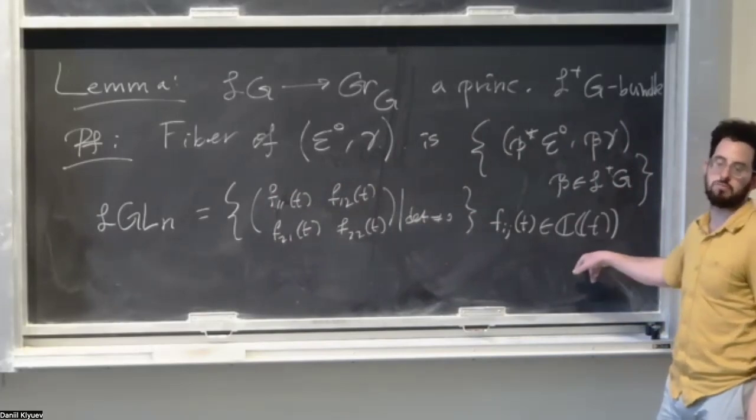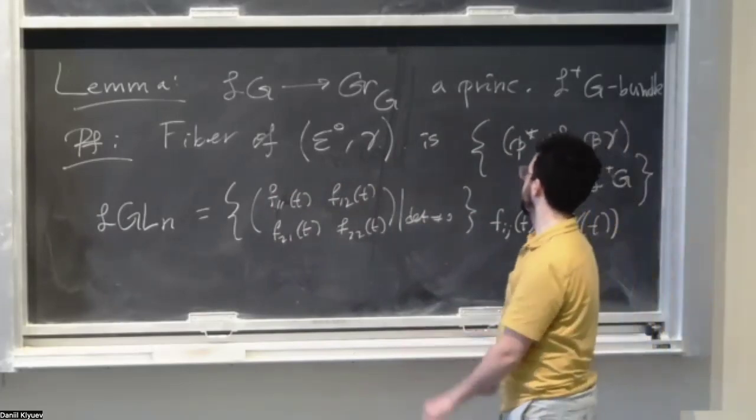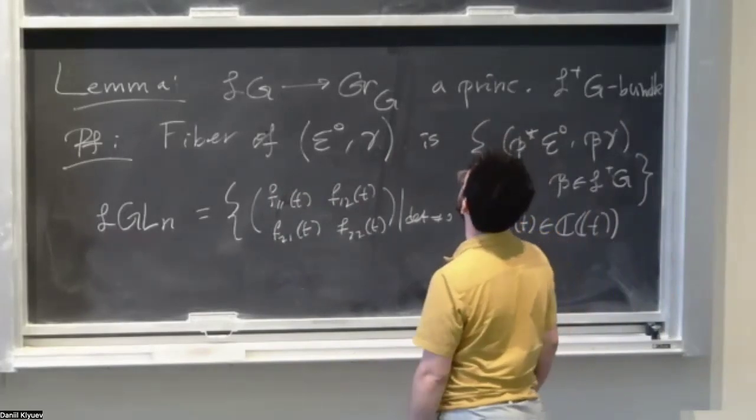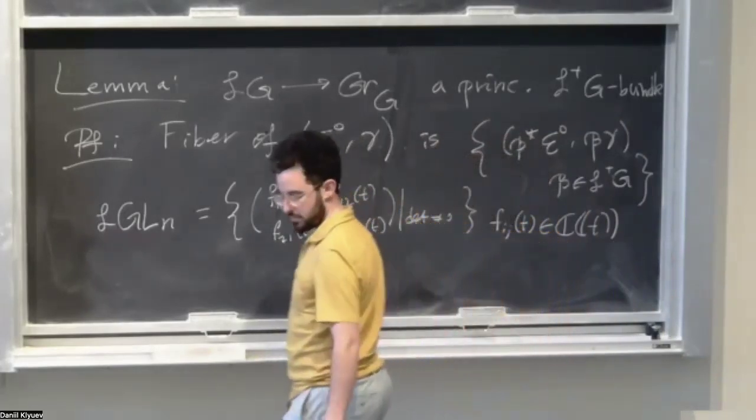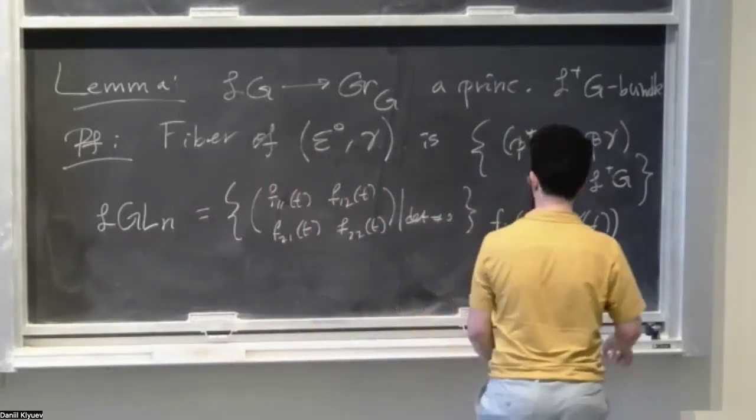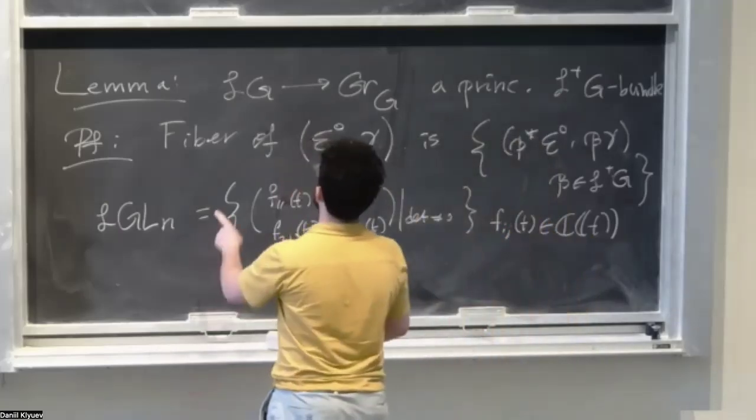Positive loops are when they don't have poles. Okay. All right. Got it.